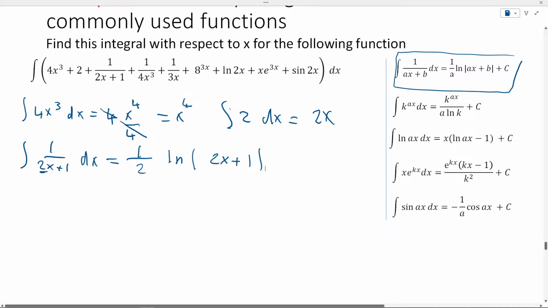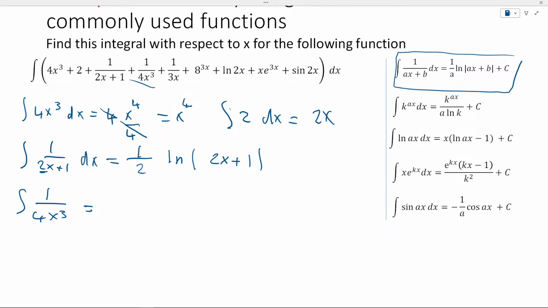Let's do what else do we have? Let's do this one here. So this is 1 over 4x to the power of 3. This is a constant, so I can get the 1 over 4 out. Then this is x to the power of minus 3. You add 1 and then you divide by negative 2.